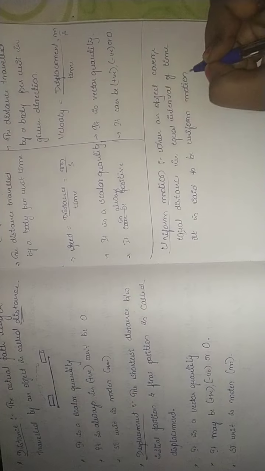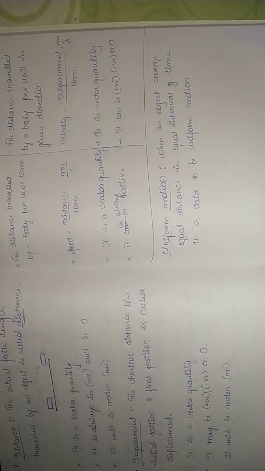For non-uniform motion, it is motion where the object covers unequal distance in equal interval of time. Let us study what is uniform motion. Uniform motion means when an object covers equal distance in equal interval of time, it is said to be uniform motion.